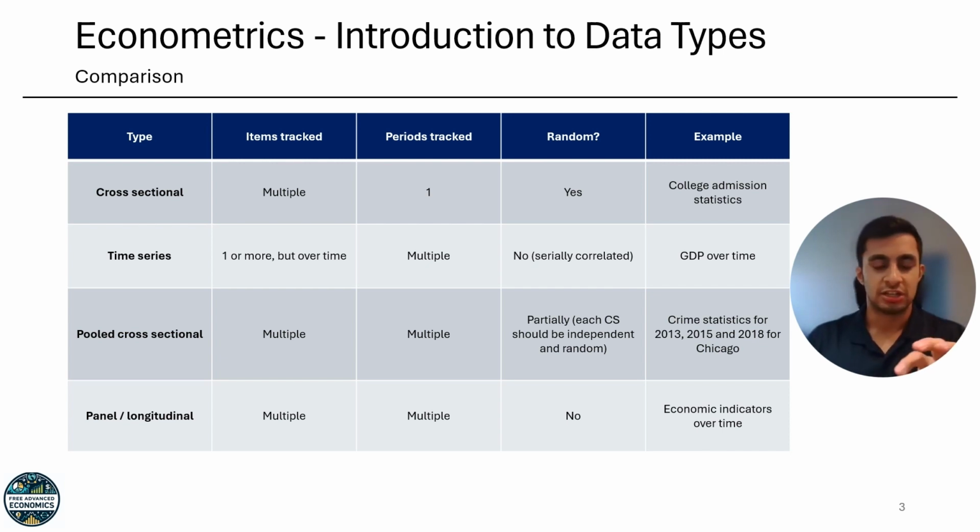Re-referencing cross-sectional. As I said, we're tracking multiple items over a given period of time, and each of those items that are tracked are for random subjects. This could be college admission statistics. Now think about it. For college admission statistics, you've got the name of the student, which comes in the x-axis or the first column, let's say.